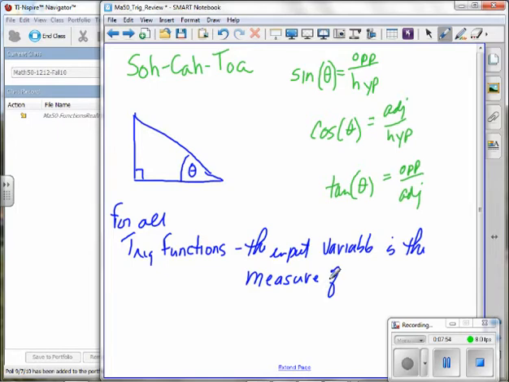Degrees, pi divided by 6 radians. Those are measures of what? And what does theta represent? Angle. Yeah, the measure of an angle.